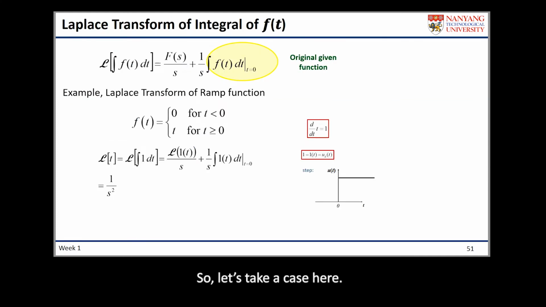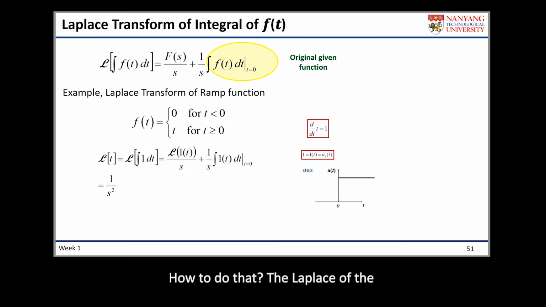So let's take a case here. In case I want to find the Laplace of the integral of f(t) dt, how do I do that? I will just use the third property of Laplace transform.